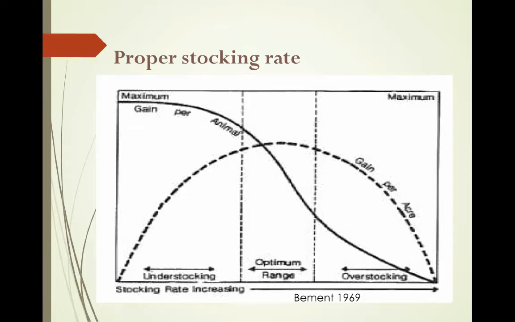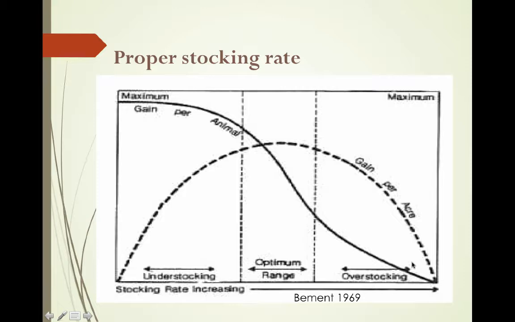But our gain per acre is going to be very, very low because we're going to have only a few animals on that pasture land. We're going to be understocked, so your gain per acre ends up being a lot lower. And then on the other side of that coin, our gain per acre starts really high, but as we get more and more overstocked, it decreases, as does the gain per animal.